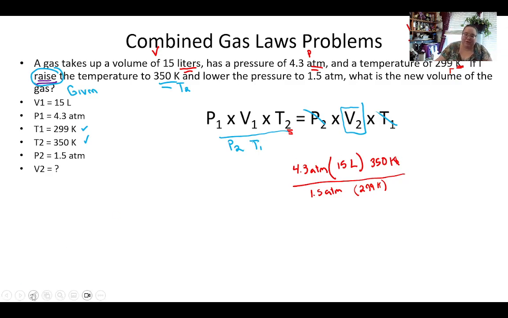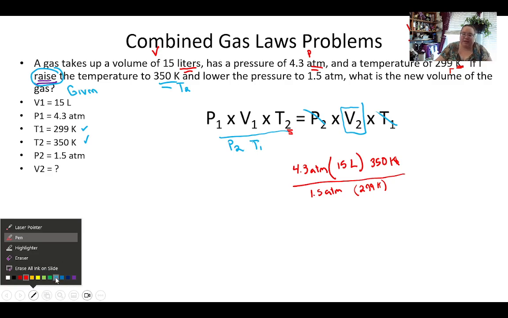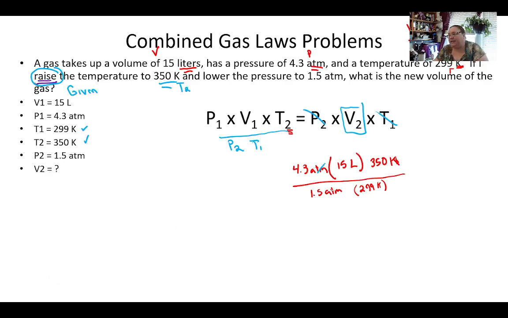So if I look at my units, I can see that with my units, ATM is gone, Kelvin is canceled out, and we are left with liters. Well, the problem is asking me to find volume. The units and my prompt kind of agree. So I plug those numbers into the calculator, and it gives me an answer.